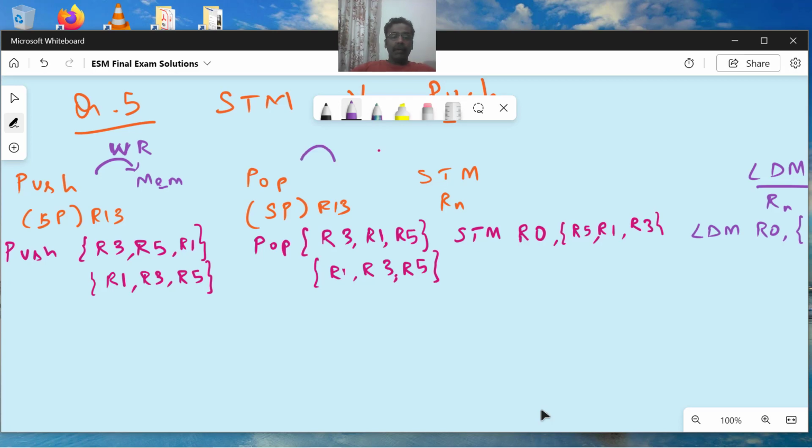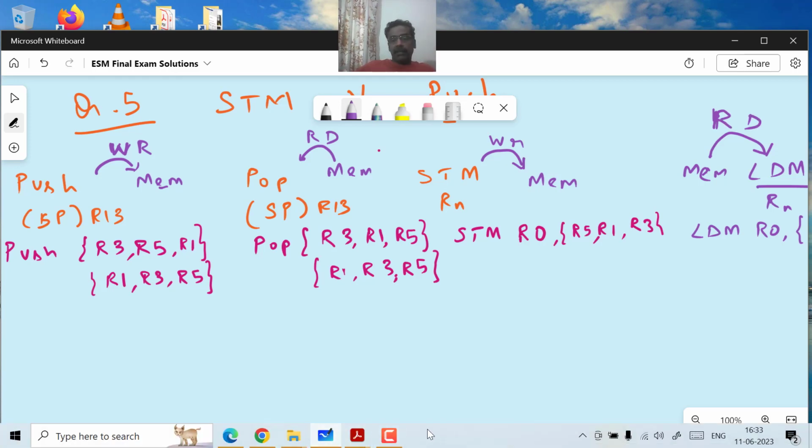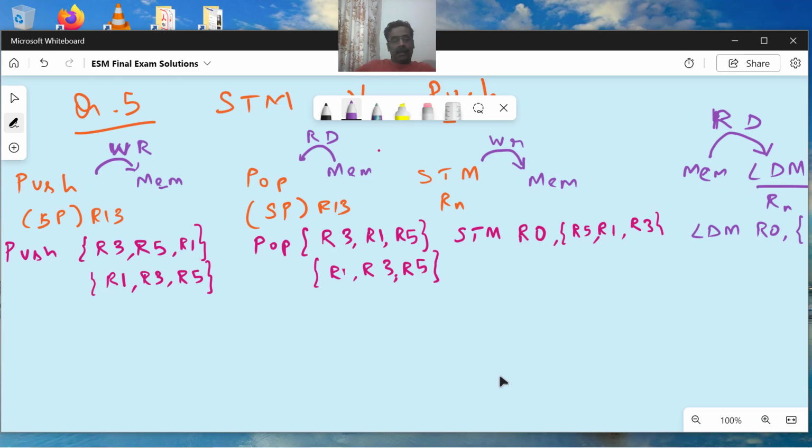It is taking out the value from memory, so it is reading from the memory into some register. What about store? Store is storing into the memory, so it is equivalent to writing into it. And LDM is loading into the register from the memory, so it is reading from it. So you should be very clear about what memory operation each of these instructions is doing.